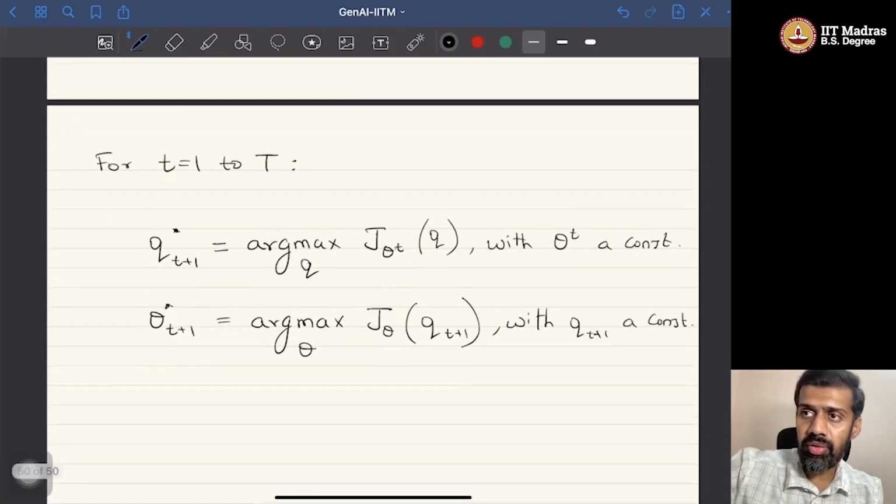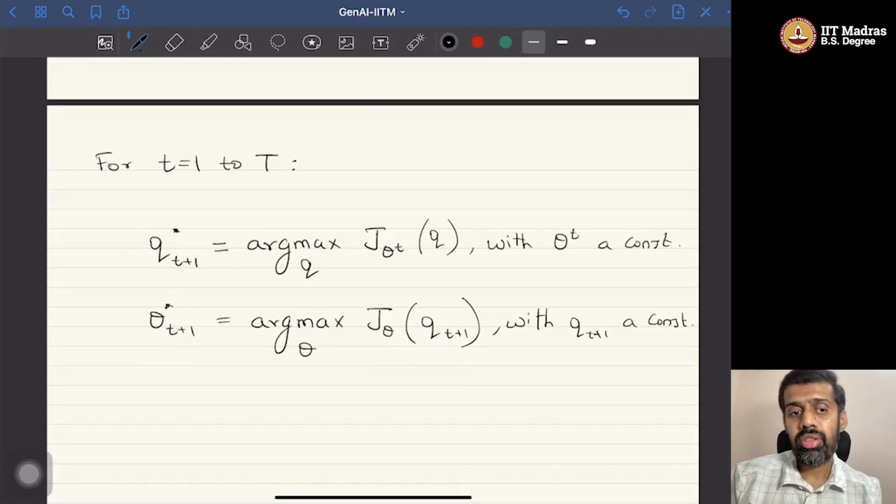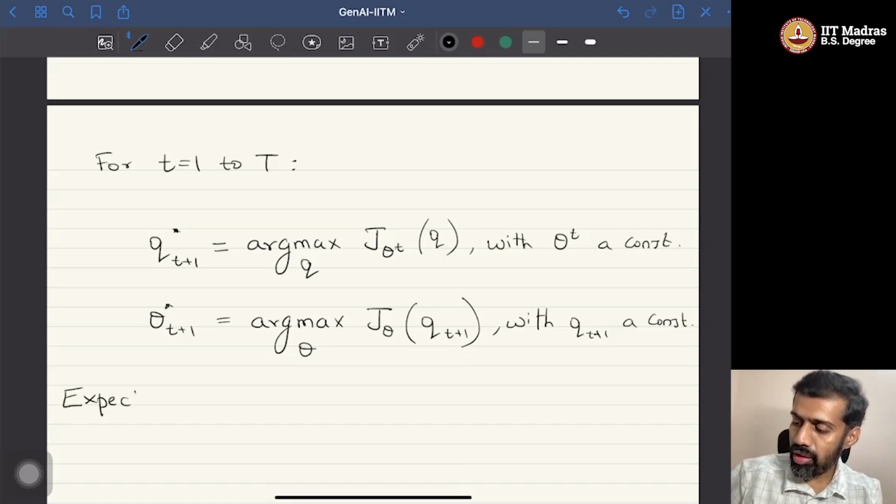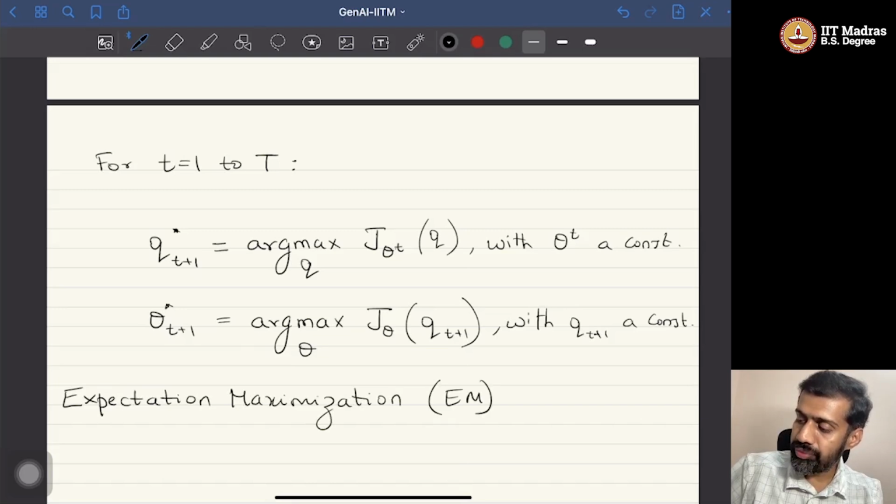So we alternately find the optima for q and theta by keeping the other constant. Okay, so this is an algorithm that is prescribed for optimizing ELBO, and this algorithm is called the Expectation Maximization algorithm, abbreviated as the EM algorithm.